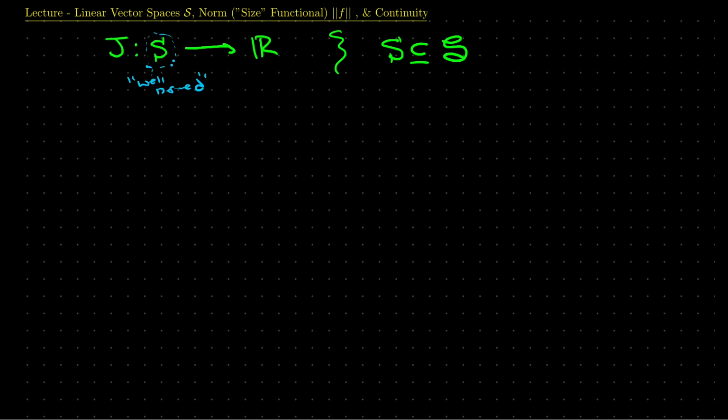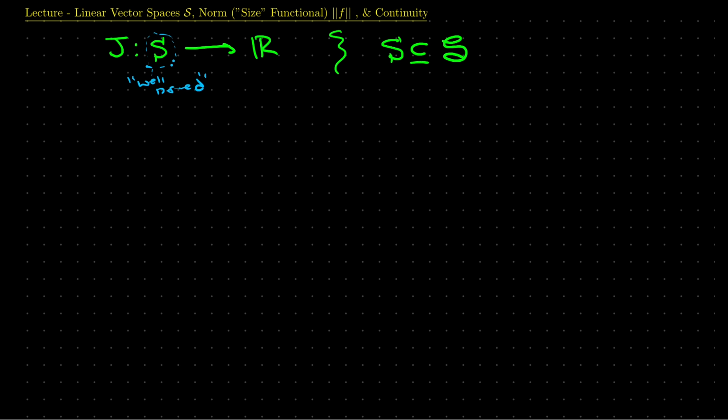The reason that we're distinguishing between the set S, capital S, and the set cursive S is because the set cursive S is going to satisfy all of the vector space axioms, meaning it'll be closed under vector addition and scalar multiplication, as well as satisfy all the other axioms.